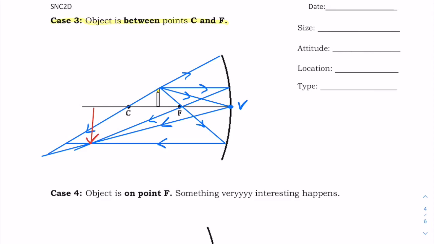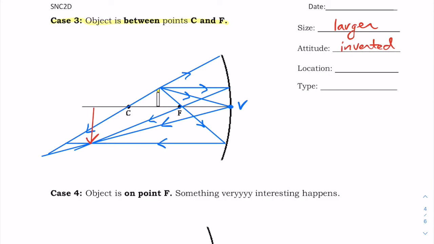And here are the properties I'd like you to take note of. First of all, when an object is placed between C and F, the image will always be larger. And that should be clear from my picture that the height of the image is larger than the height of the object. The second property is that it's also inverted.